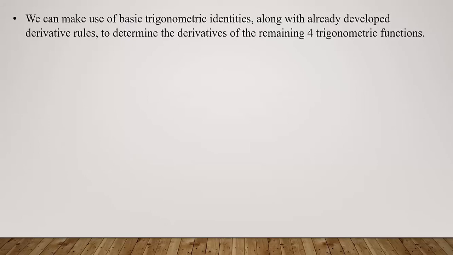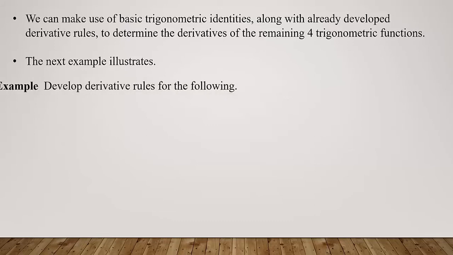We can use stuff we already know to determine the derivatives of the remaining 4 trigonometric functions. In other words, we don't have to use the definition of the derivative to determine the derivative rule for tangent x. So I'm going to illustrate this in the following example.